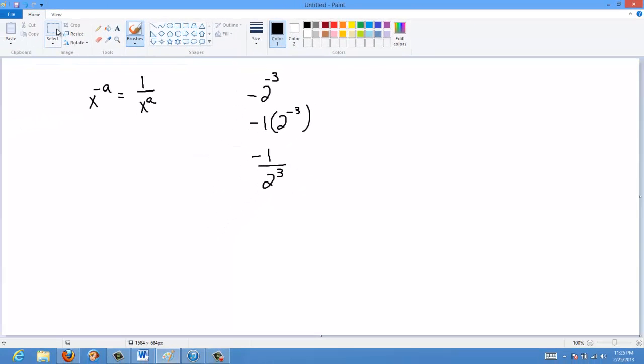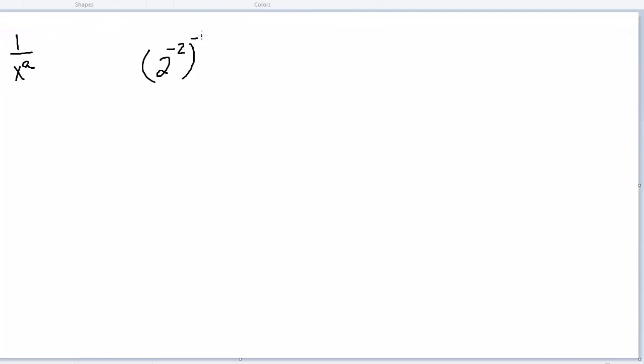Another common instance that people see that gets confusing is when we have an exponent of an exponent. So when you have something like 2 to the negative 2, all to the negative 2, people don't know how to do this. What we do is just use our basic order of operations, so the first thing we do is brackets.